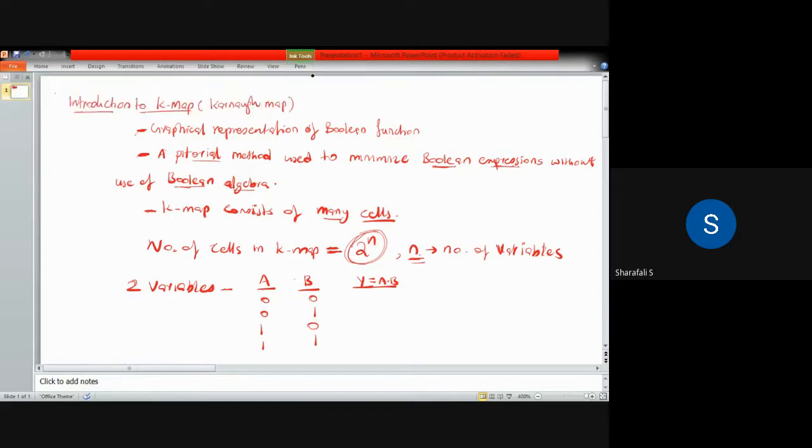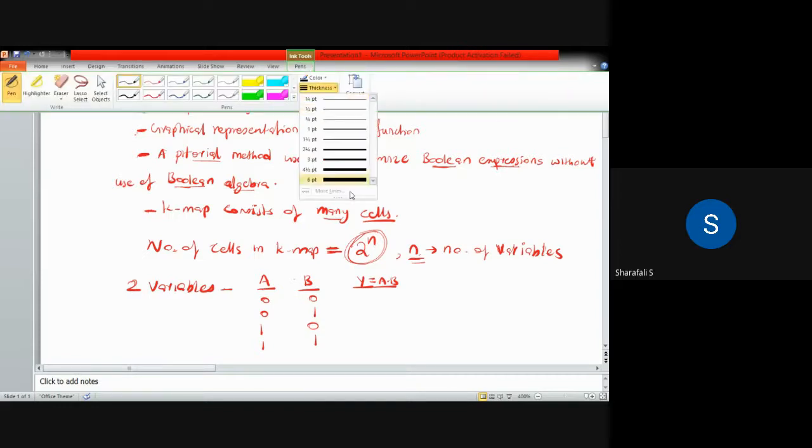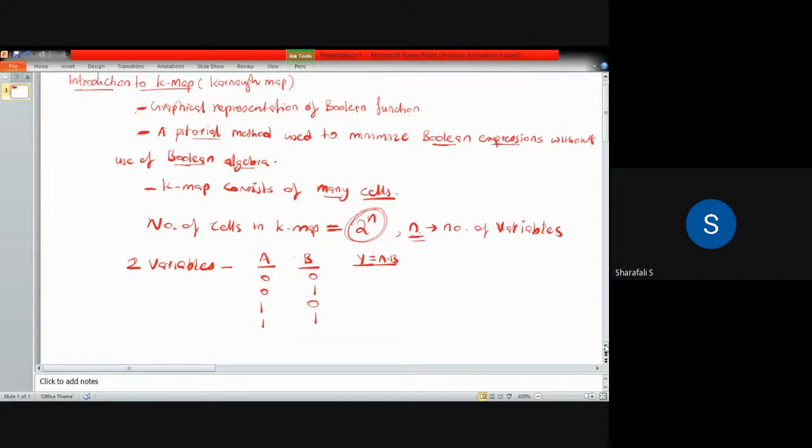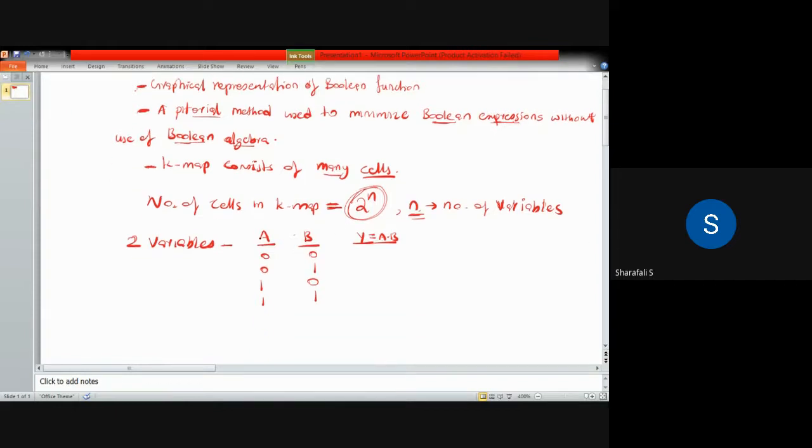Now, if you consider a simple example, an AND gate with 2 variables or 2 inputs, let's consider these two are the inputs A and B, and Y is your output. In that case, consider the 0-0, 0-1, 1-0 and 1-1 combinations.